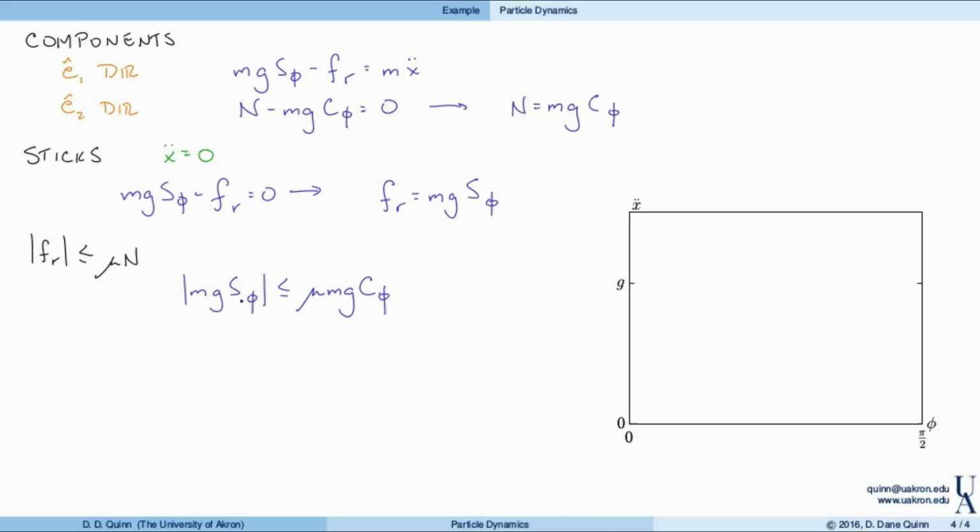As a result, and here assuming that phi is positive, so that this quantity is always positive, this implies that tangent of phi must be less than or equal to mu. The critical angle occurs when tangent of phi star, again that's the critical angle, is equal to mu. So we can solve now for phi star and show that this critical angle is the inverse tangent of mu.